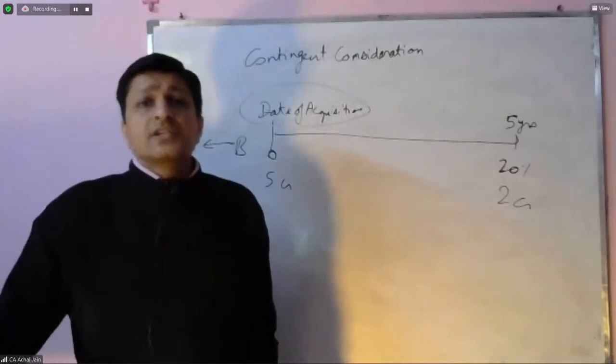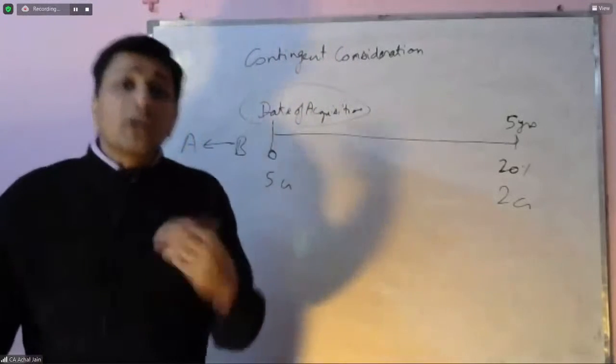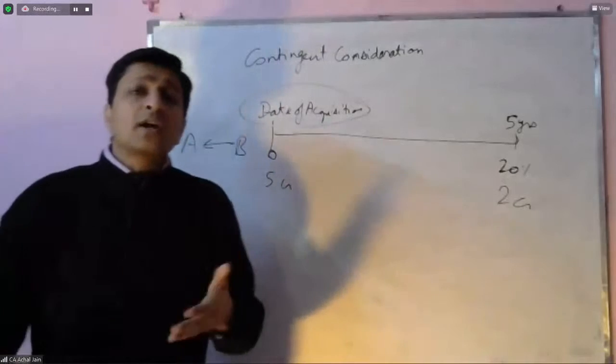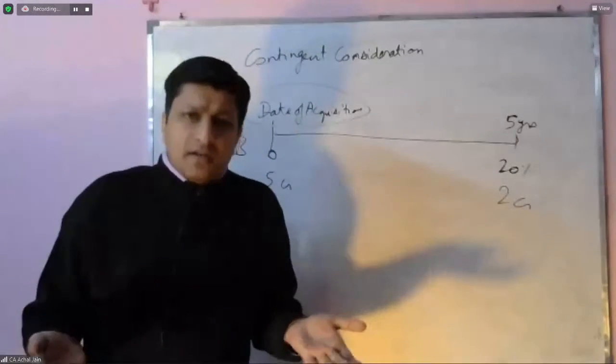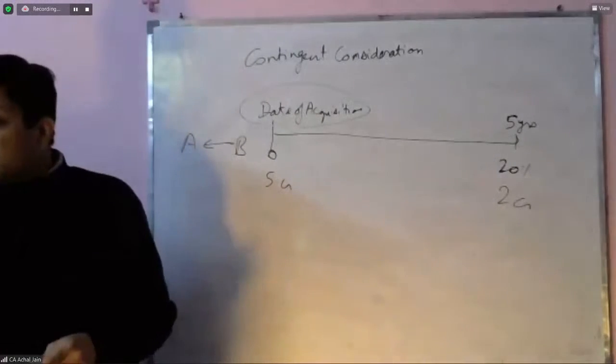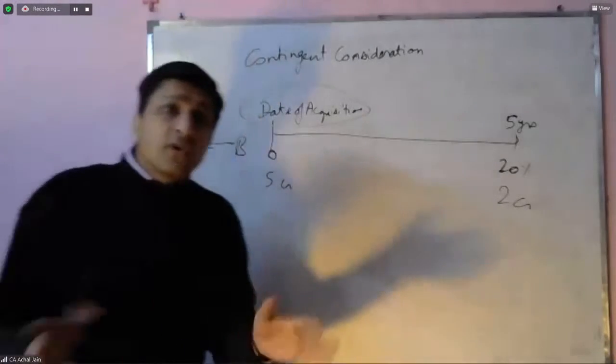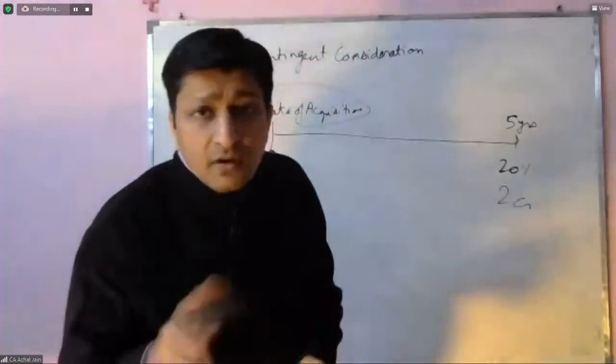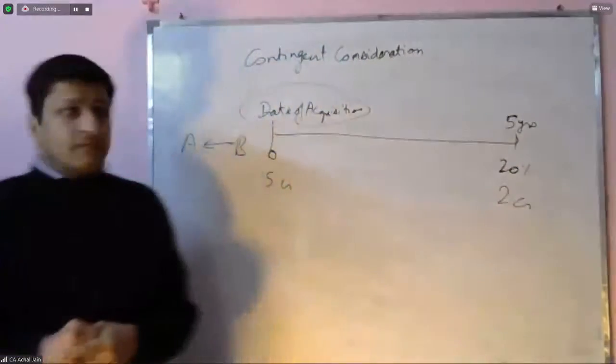And these considerations are contingent in nature, which are uncertain. We are not sure whether these conditions will be fulfilled or not. These are not within the control of the buyer or seller.